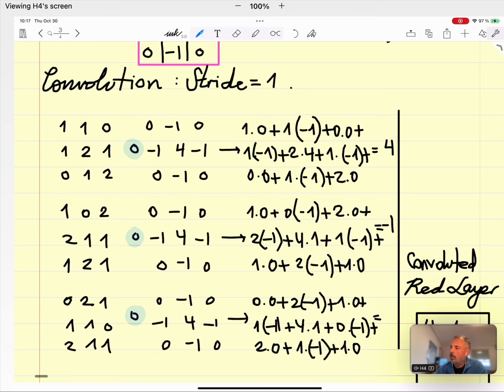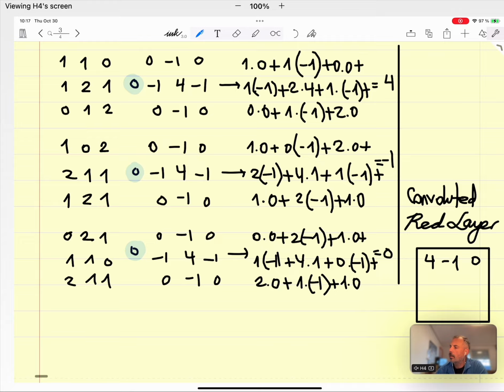This delivers -2, -3, plus 1, -1, 0. Okay? And the rest is just the same. You can do it on your own.